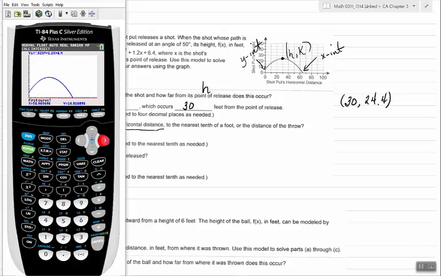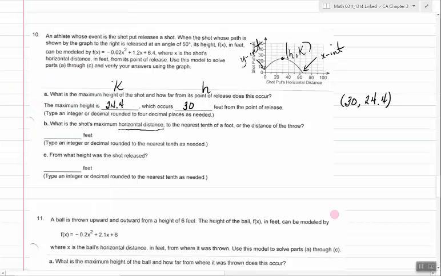You don't have to do left and right, you just have to get close and hit enter, enter, enter. It says to round the x to the nearest tenth. This is rather small, but it is 64.9 feet.